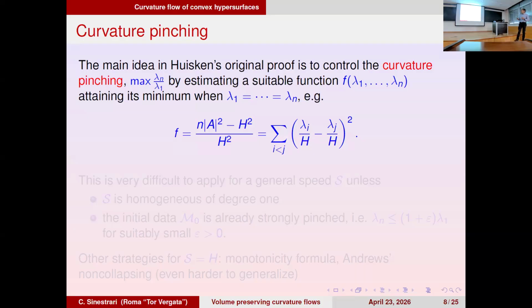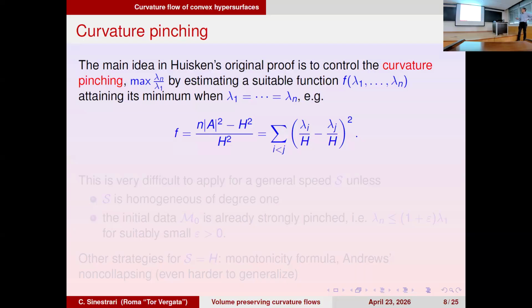And the way Wiscan did it was to consider a suitable function of the curvatures, which attains its minimum when all curvatures are equal. And in his case, the function was this one. A square is the sum of the squares of the lambda, but you can just write it in this way.